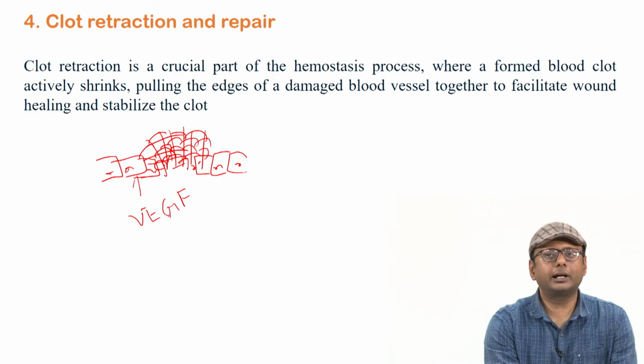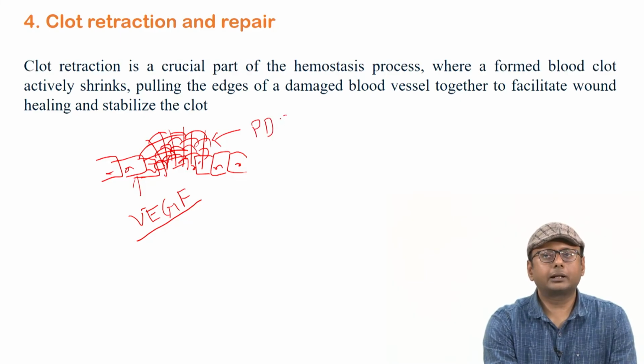What is this growth factor? This is vascular endothelial growth factor. Okay, so vascular endothelial growth factor gets secreted by the nearby injured endothelial cell. Also the platelets can secrete another growth factor called platelet derived growth factor or PDGF.